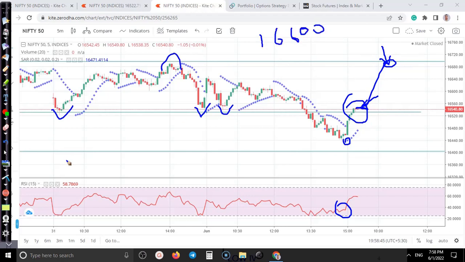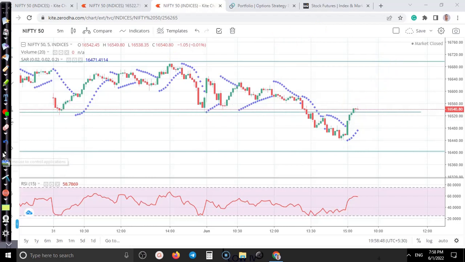As I said yesterday, we are looking to buy above this supporting line. Finally we saw a buy opportunity, but we placed a limit order above this candle, and price was not able to trigger our buy order.